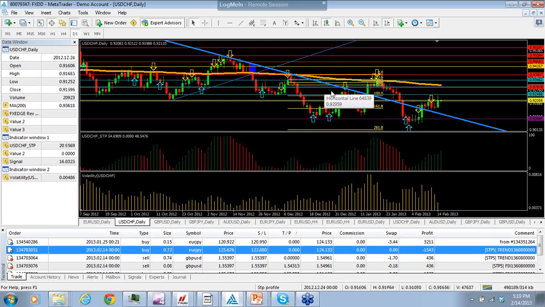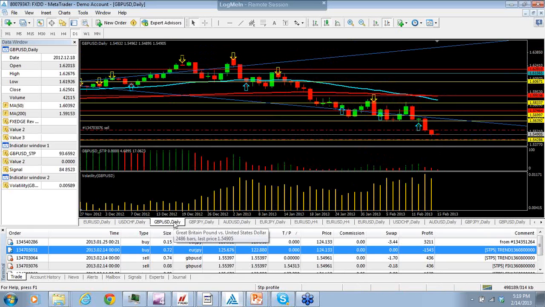Very strong area of support and resistance here, by the way. So we'll have to wait and see what happens. Dollar Swiss is actually kind of neutral right now because of the consolidation, and there are no clear signals.